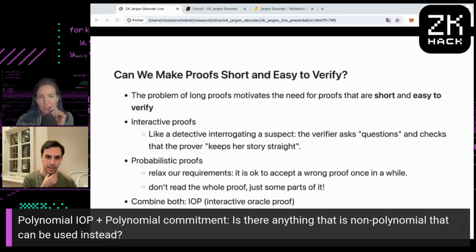Okay. And FRI is generally lumped in this polynomial commitment category, but I always hear it's not exactly a polynomial commitment. So would that be an example of a non-polynomial one? FRI tells you whether or not a commitment is indeed a commitment to the evaluations of a polynomial.